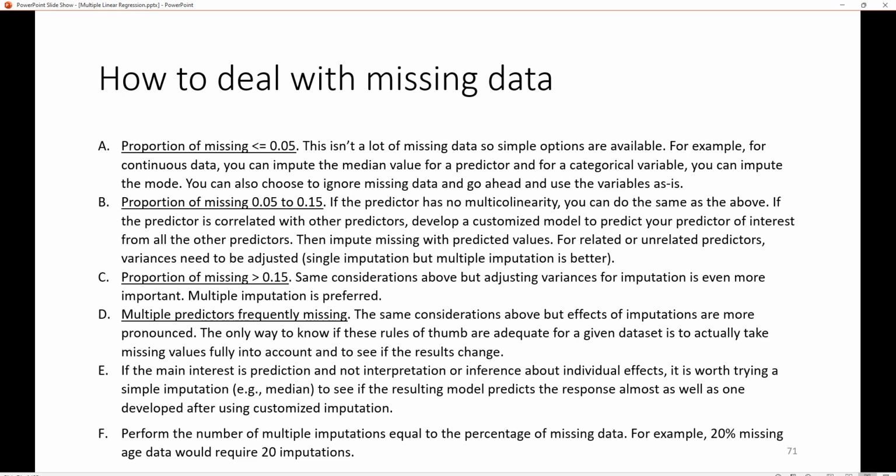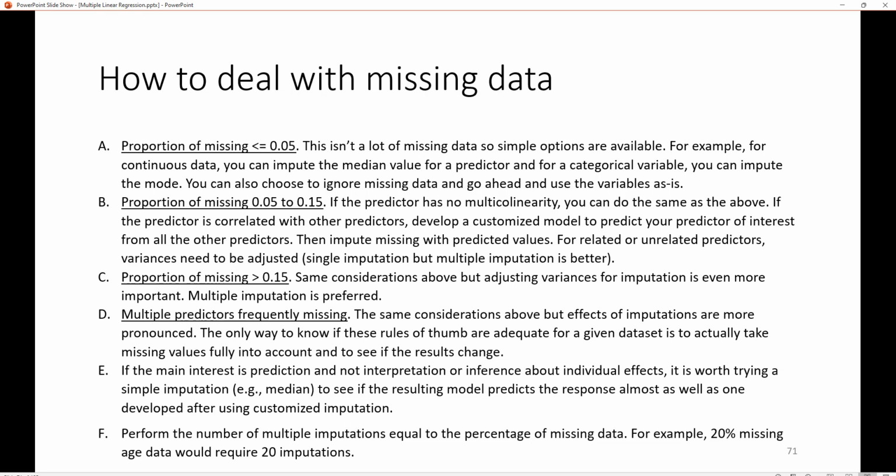First, for proportions of missing data less than 0.05, this isn't a lot of missing data, so simple options are available. For example, for continuous data, you can impute the median value. For a categorical variable, you can impute the mode. You can also choose to ignore missing data and go ahead and use the variables as is.